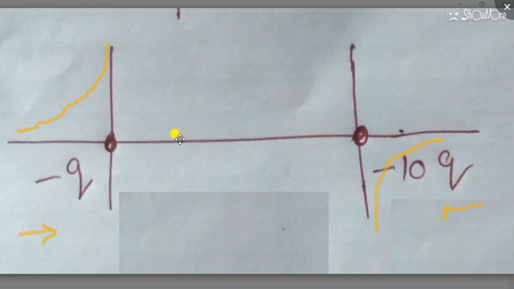Now we have a null point where the electric field is 0, and that lies near the smaller charge. Here the smaller charge is minus q, so the electric field will be in this direction, starting from here and moving.